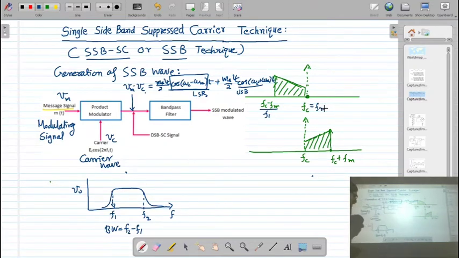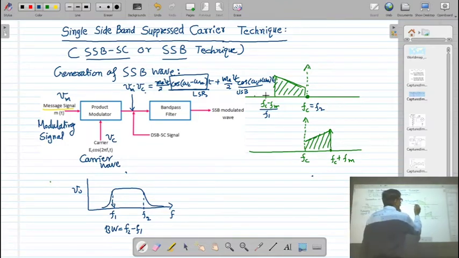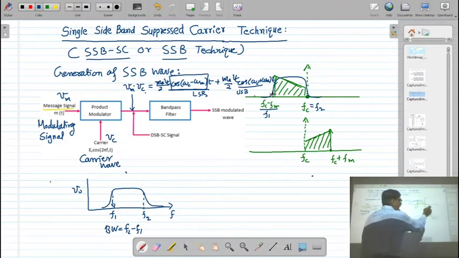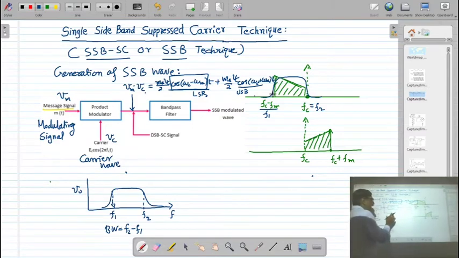So here the characteristics of the band pass filter will be like this. It will allow the lower sideband information, and the upper cutoff frequency is the carrier. So if we use a band pass filter with these F1 and F2 cutoff frequencies, then the lower sideband is going to be transmitted and the upper sideband is going to be suppressed.